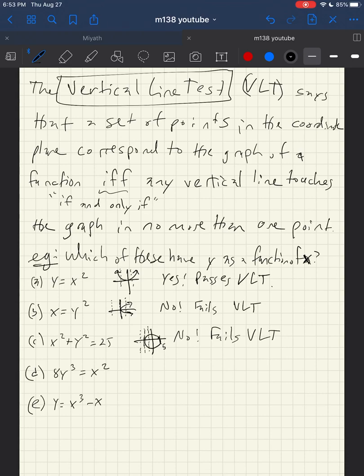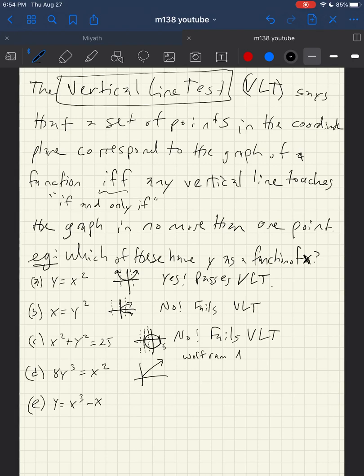Okay. Now for this graph, I'm just going to tell you it looks something like this. I don't want to get too much into how to graph this right now because we're just trying to do vertical line test examples. But if you're curious on how to graph this, I would recommend going to Wolfram Alpha.